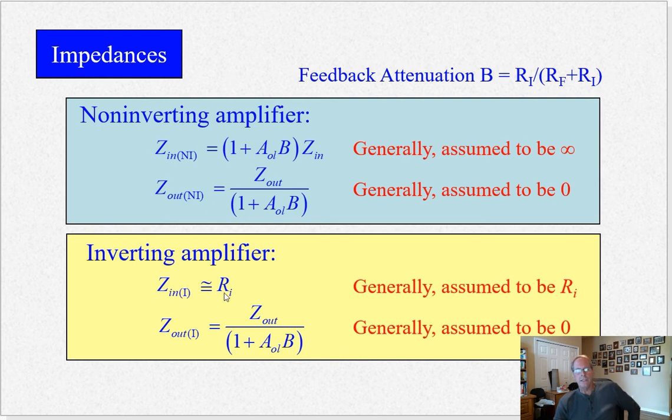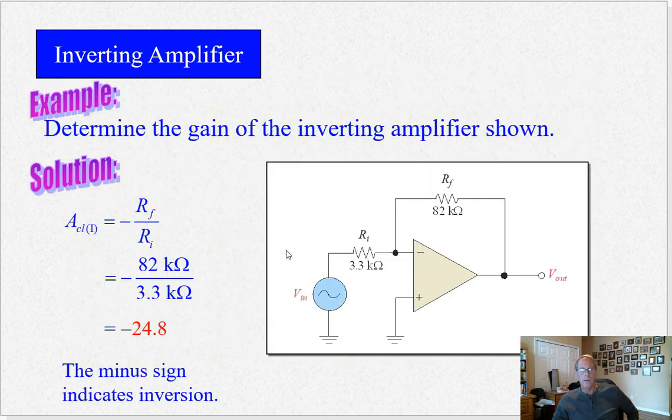Why is the input impedance equal to the input resistor in an inverting amplifier? Well, let's go back. You notice this inverting input is virtual ground right here, right? So that's zero volts.